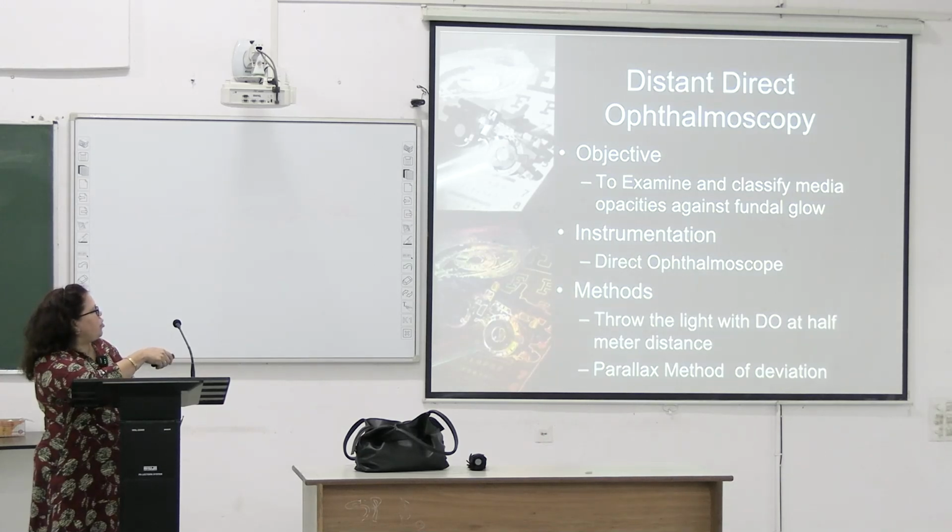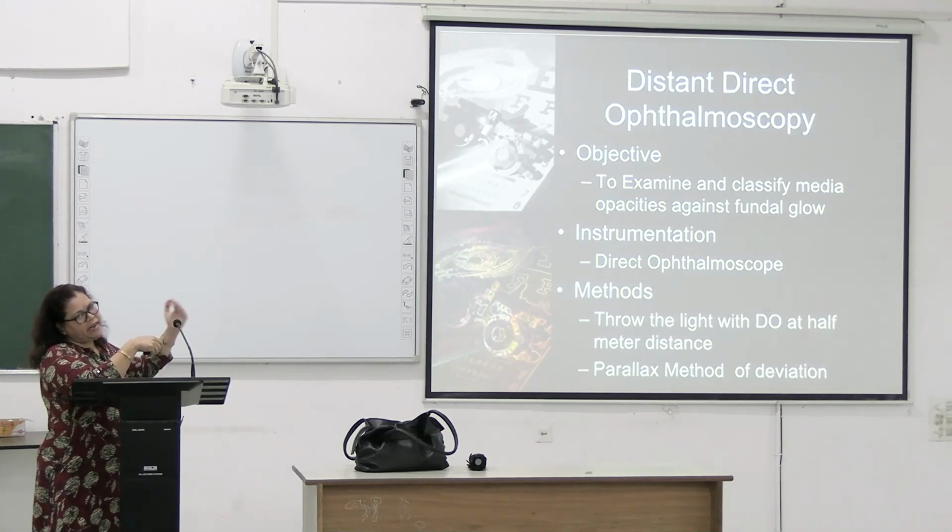In distant direct ophthalmoscopy, we examine the media. What is media? Media is that through which light passes. First is the cornea, then anterior chamber, then lens, and after that vitreous, then the rays reach the retina, macula.